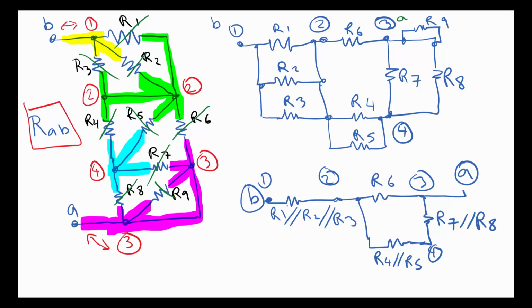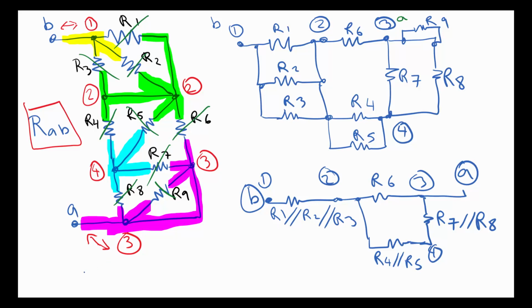So now we see that this resistor is in series with these resistors. So now we can see that these 2 resistors, R7 parallel R8 and R4 parallel with R5, is in parallel with R6. And all of those are in series with the parallel combination of R1, R2, and R3.